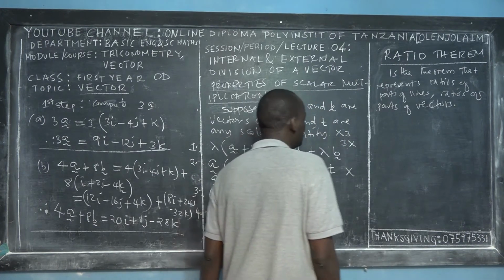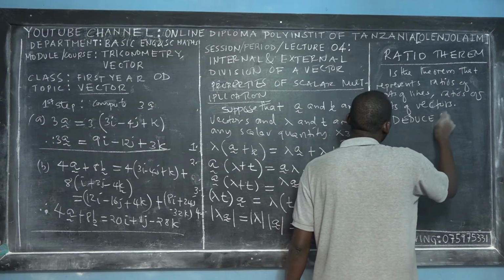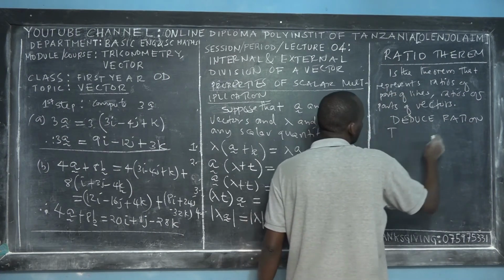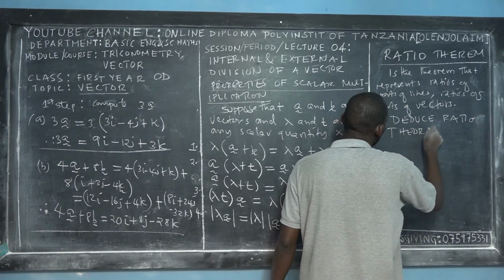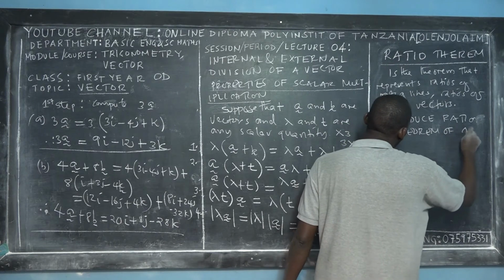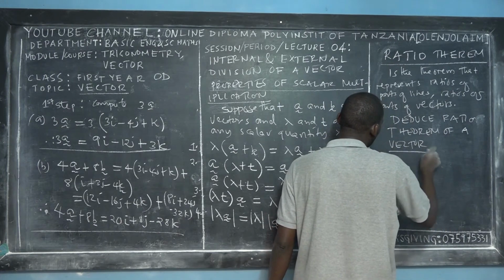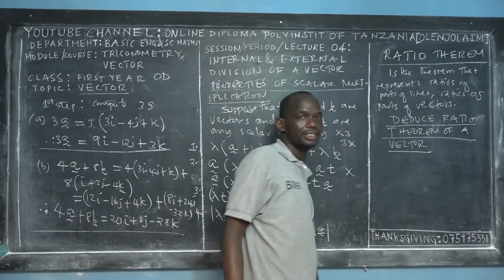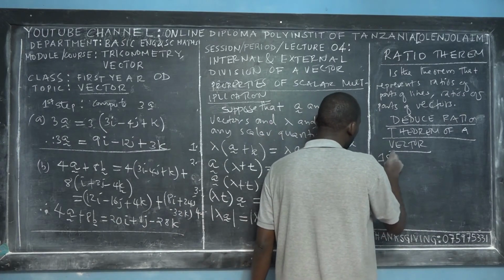So let us deduce the ratio theorem of a vector. We'll be following a few steps.